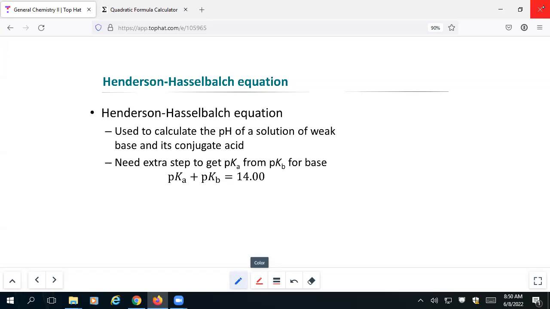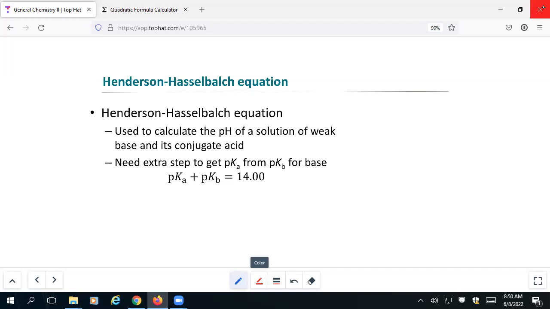Now we could do that. If we're told that the pKb of ammonia is 4.74, we can turn that into a pKa by subtracting 4.74 from 14. We're back in business.